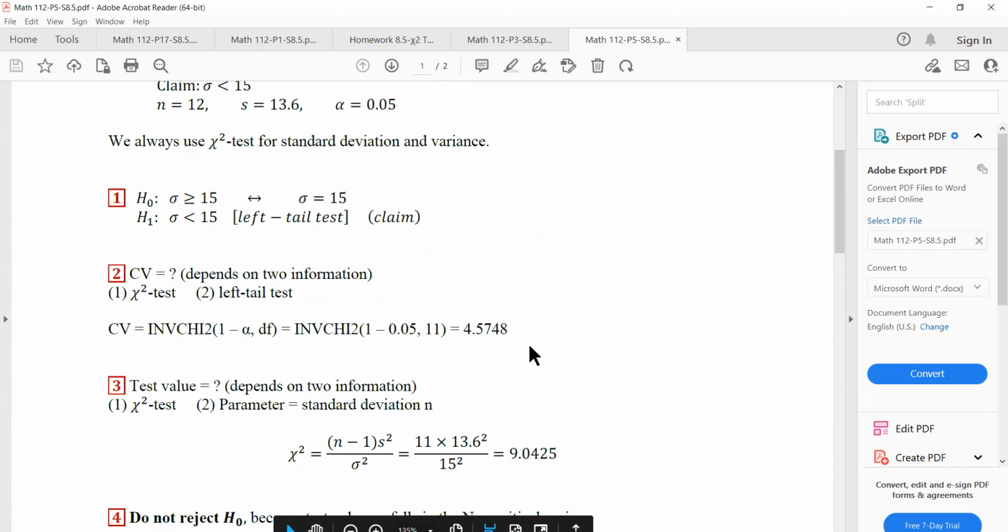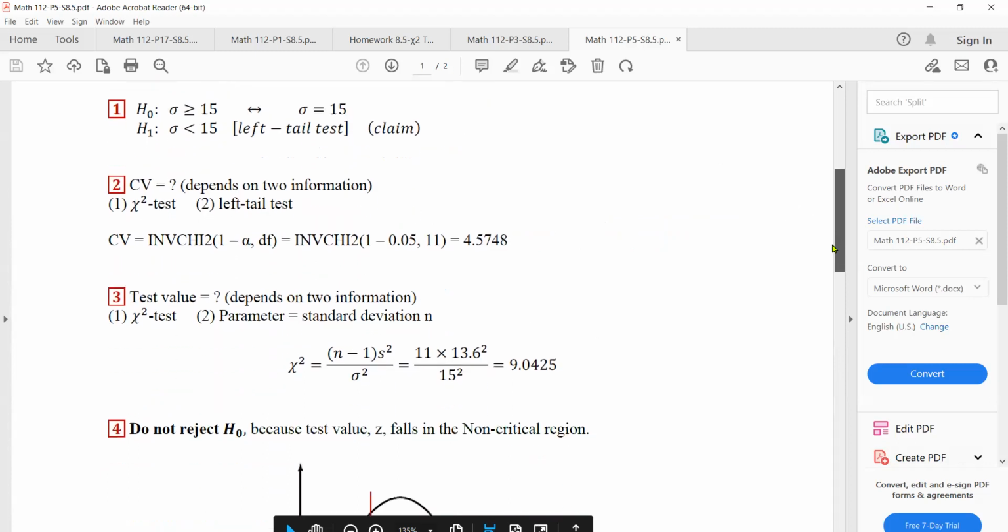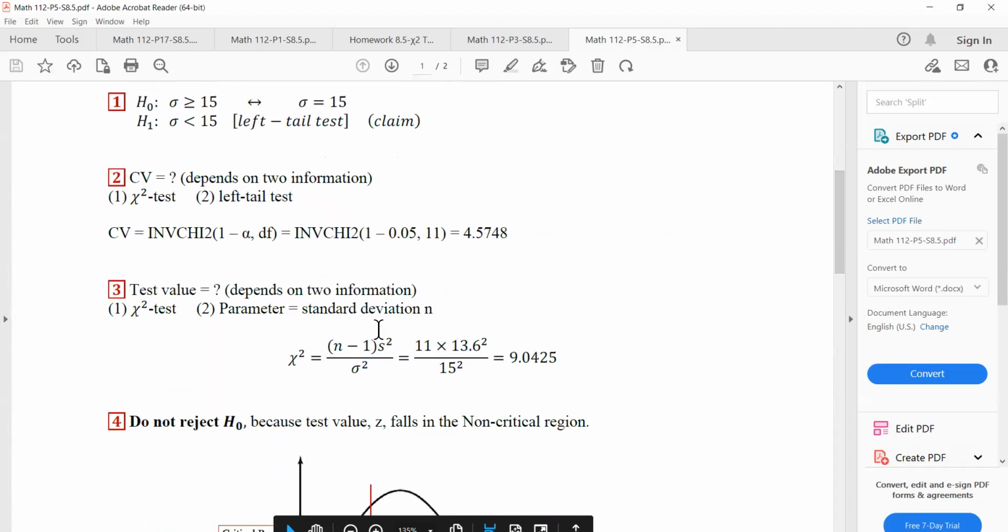Now, the other new piece to this is your formula, okay? Not a very hard formula at all. It's n minus 1 times s squared over sigma squared. S is your sample standard deviation. Sigma is your population standard deviation.